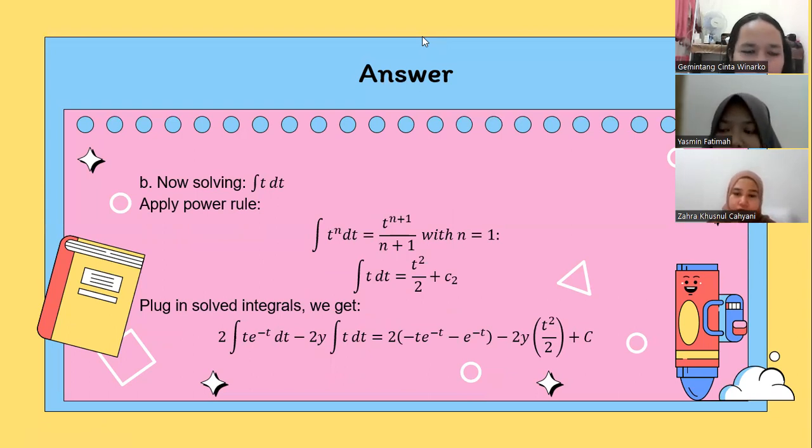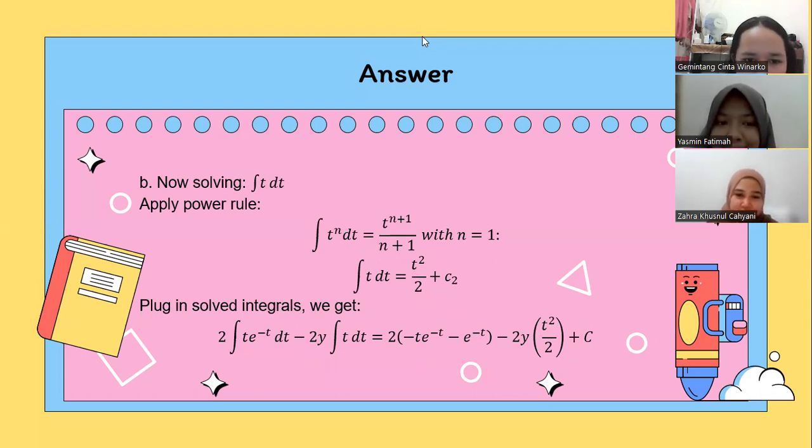Okay, for the next part, now solving integral t dt, apply power rule. Integral t power n dt is equal to t power n plus 1 over n plus 1 with n equal to 1. So we get integral t dt is equal to t power 2 over 2 plus c2.